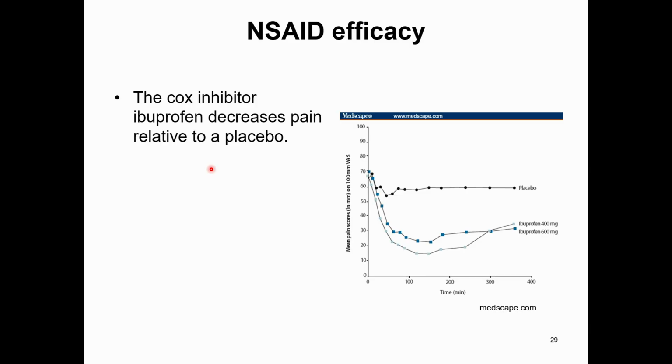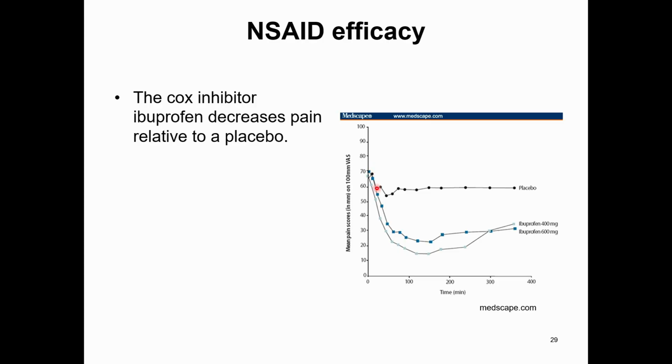So once again, how do you check out how well a drug works? Well, you do a clinical trial of some kind. And here is one just looking at ibuprofen, Motrin, okay? So here's the placebo. Basically, they're giving drugs to patients and asking them how much pain they feel over a course of 400 minutes.